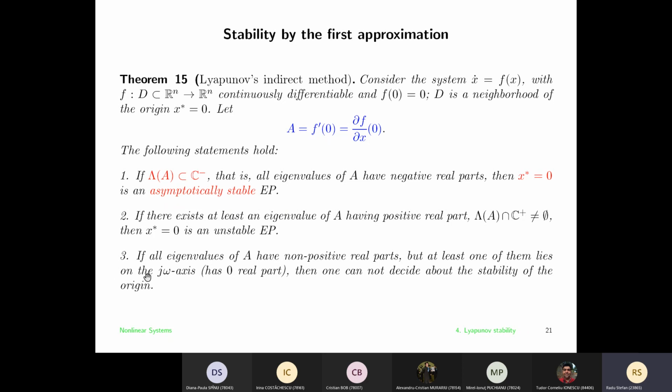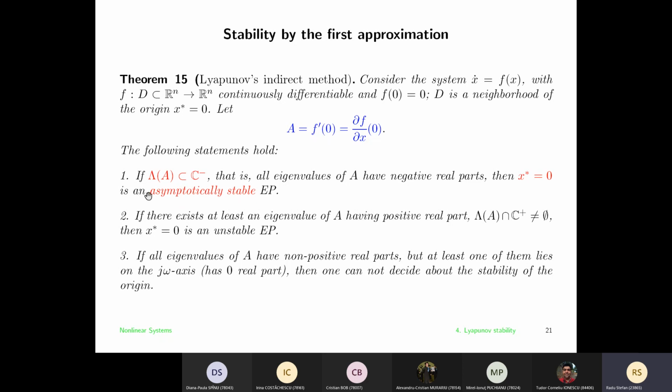Well, this is, from my perspective, the most interesting situation. You cannot conclude anything about the stability of the equilibrium at the origin. You cannot decide just on the information regarding the eigenvalues of A.